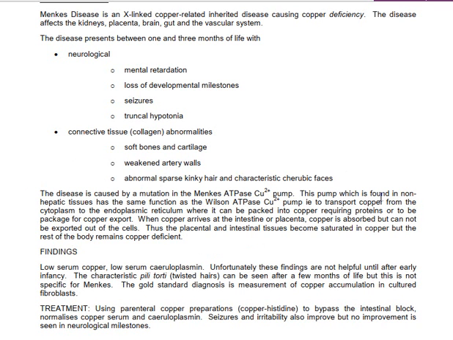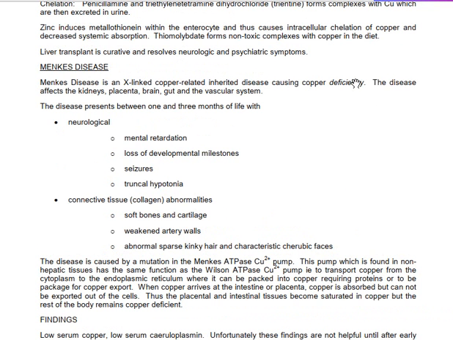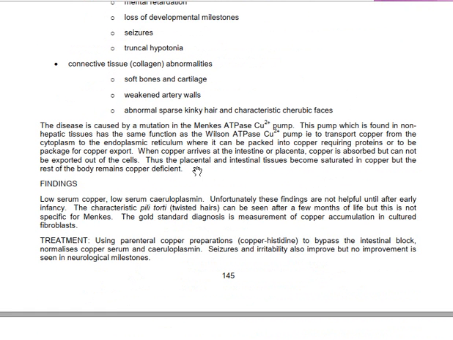So this patient is going to have excess accumulation of copper inside the tissue, but he is also going to have deficiency of copper. When the copper arrives at the intestine and the placenta, it is absorbed but cannot be exported out of the cell.